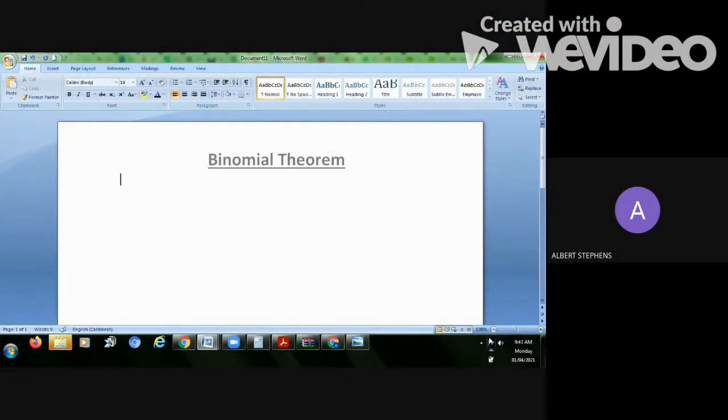Binomial theorem is something. You guys remember this expansion? For example, expand 2x, for example.